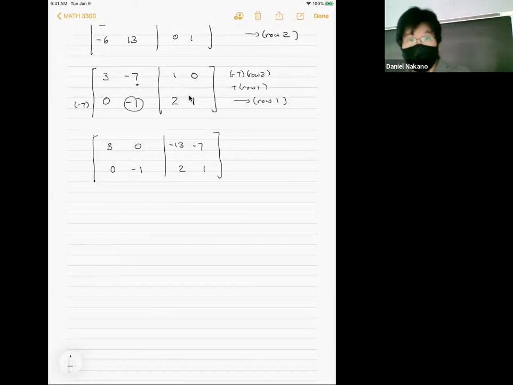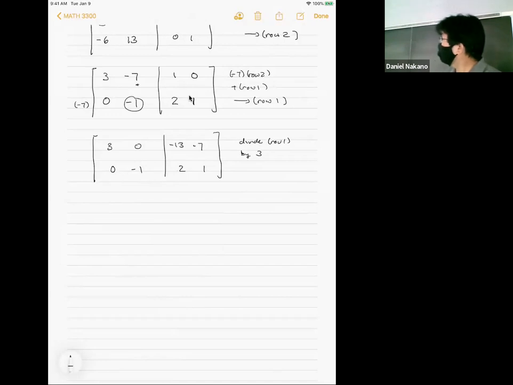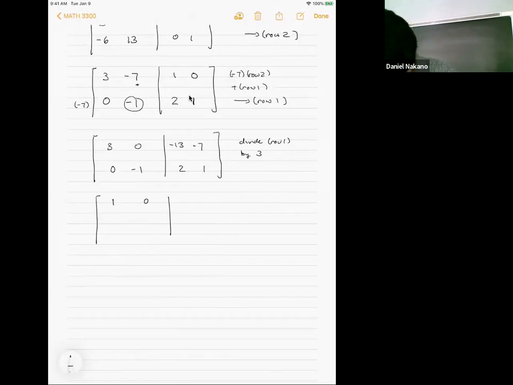Okay, so now what I want to do is divide row 1 by 3. So I get 1, 0, -13 over 3, -7 over 3.